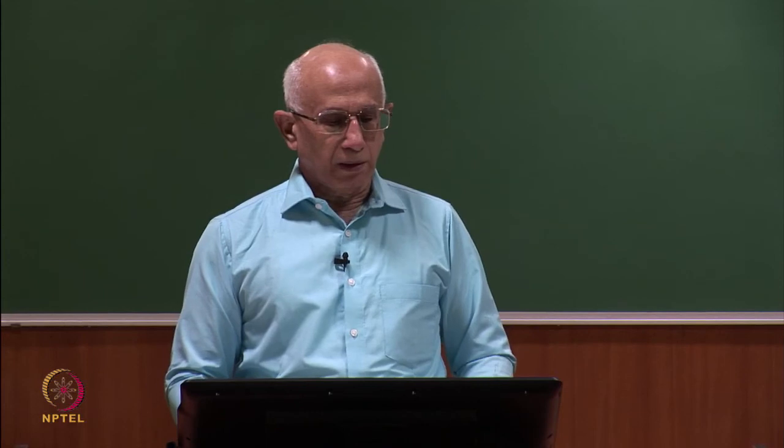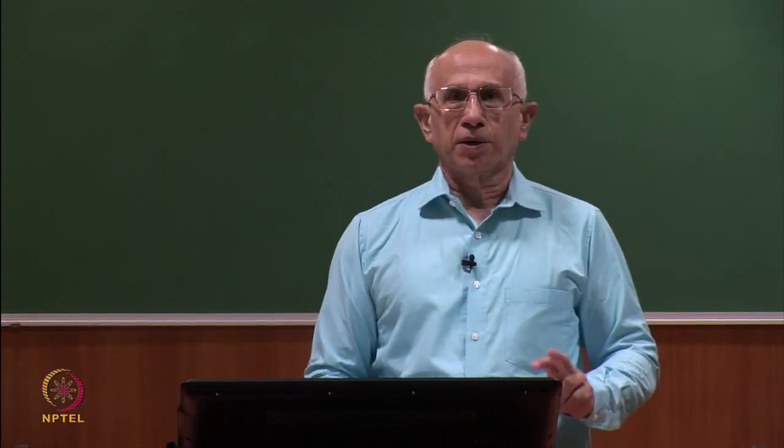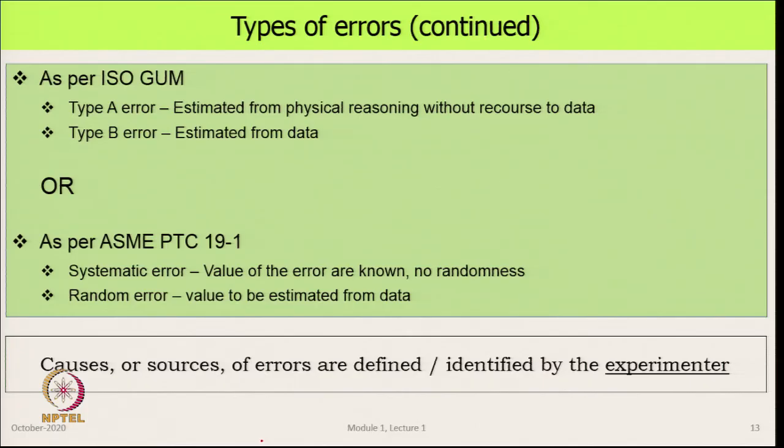Assuming there is no blunder, we can classify errors in two types, and I have written here two methods by which we can classify. The first one is as per ISO GUM and the second one is ASME PTC 19.1. ISO GUM says that errors can be of two types and we should classify them as such. One is a type A error, the other is a type B error.